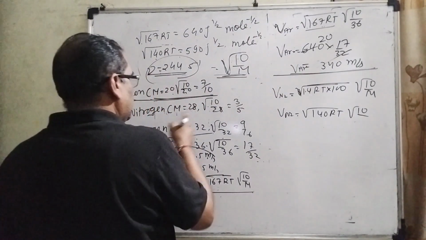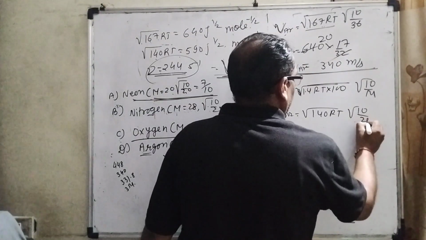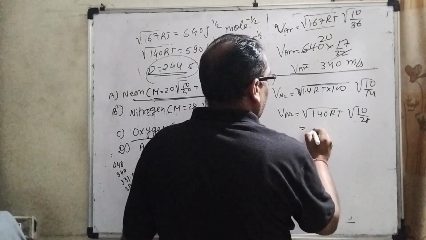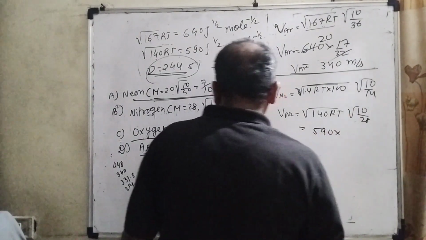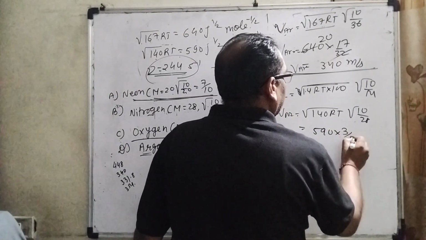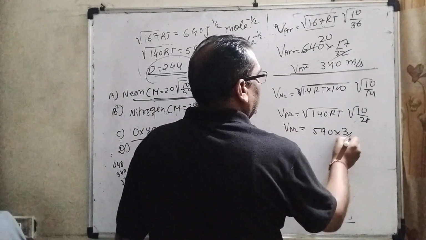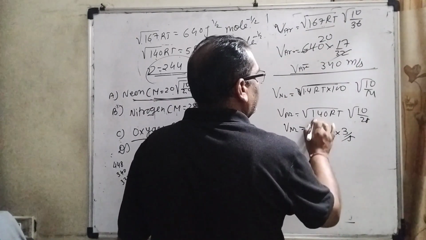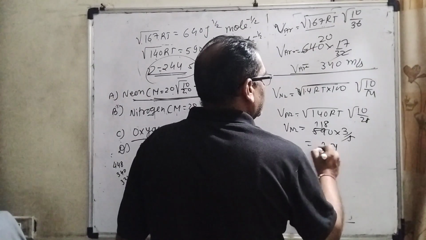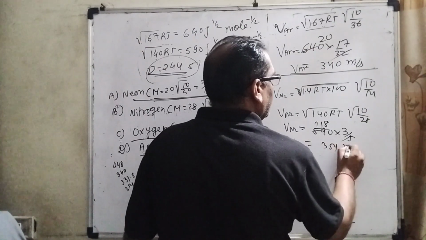The value of root 140 RT is 590, and root 10 by 28 is 3 by 5. So 5 times 5 is 25, 5 times 9 is 45, and 5 times 8 is 40. Then it is 354 meter per second.